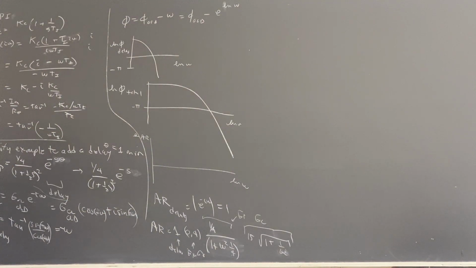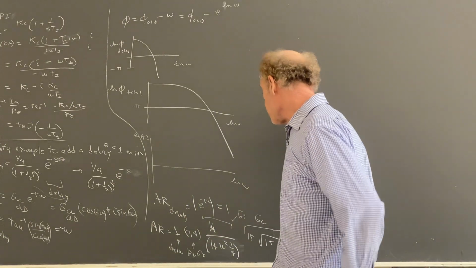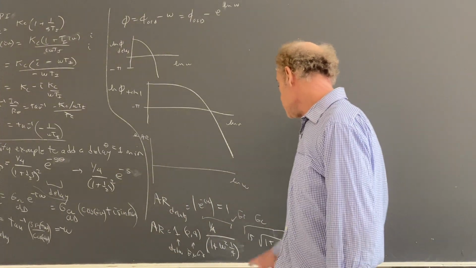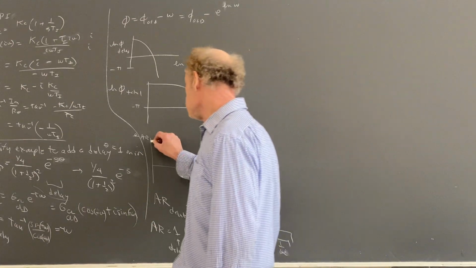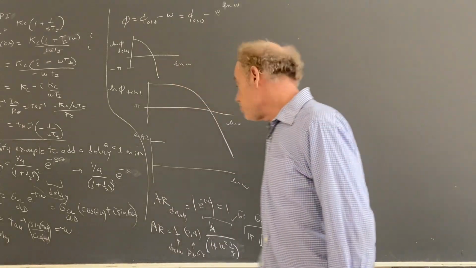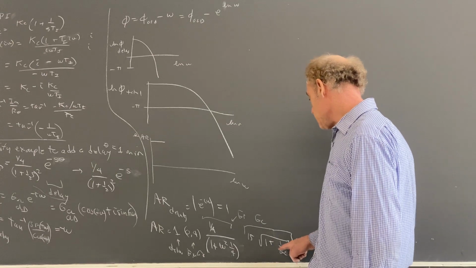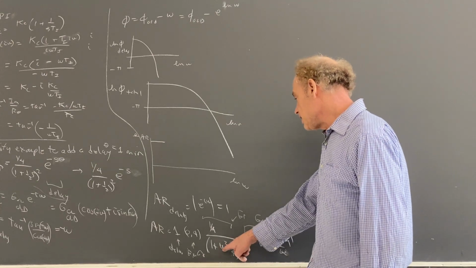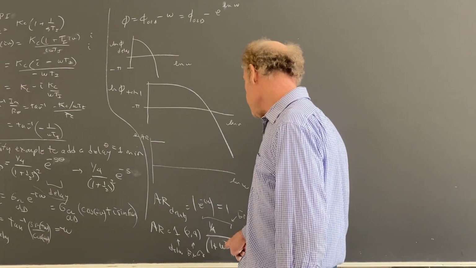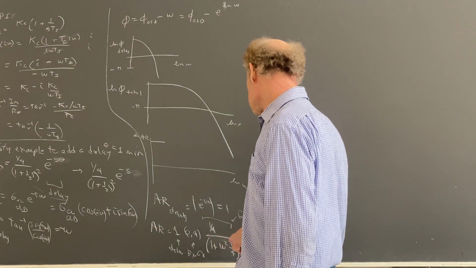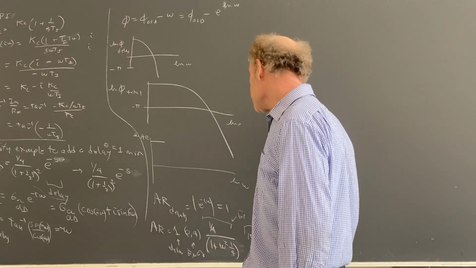That's the amplitude ratio. And if I plot this, you can figure out what it is. Well, what happens at 0? At 0, this is 1, and this is 1, so I just get a constant. But what happens as omega goes to infinity? This thing becomes 0, and this thing just becomes a constant. As omega goes to infinity, this constant drops out, and it just looks like minus omega squared.